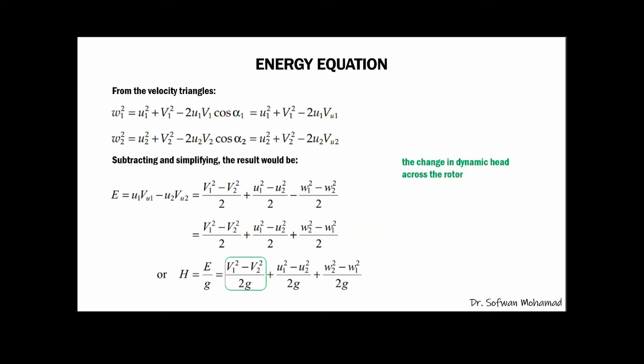In power consuming devices, the increase in dynamic head would be the result of the power input into the rotor. If the kinetic energy head is too large, then a diffuser is attached to the end of the rotor to convert it partially into pressure. Or we can use staging to fully utilize the kinetic energy by reducing the kinetic energy or the velocity of the working fluid in stage.